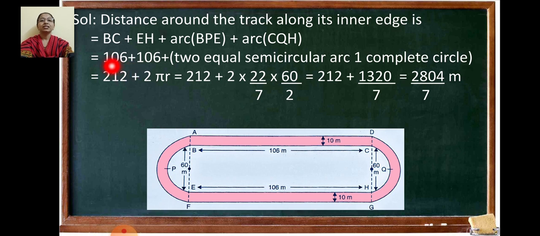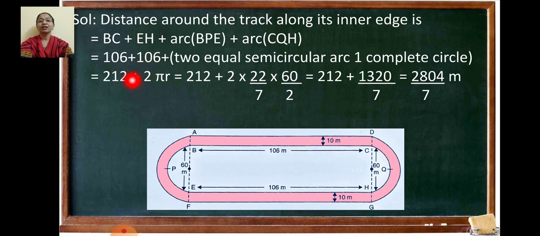So BC length is 106 plus EH length is also 106 plus 2 equal semicircles, they make one complete circle, right? And the length of one complete circle is nothing but 2 pi r. And what is the radius of this inner circle? 60 divided by 2.